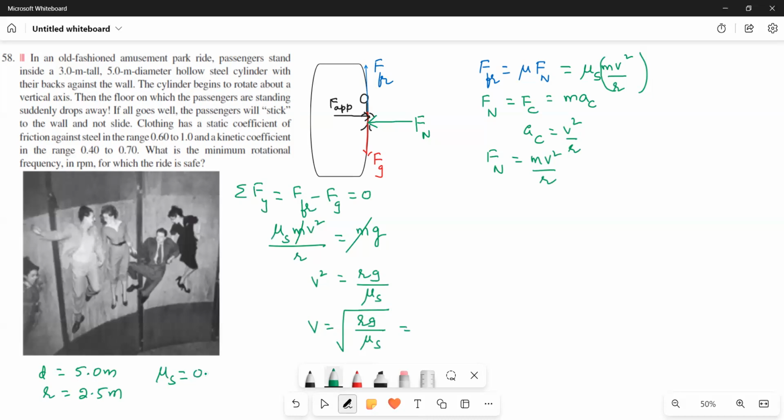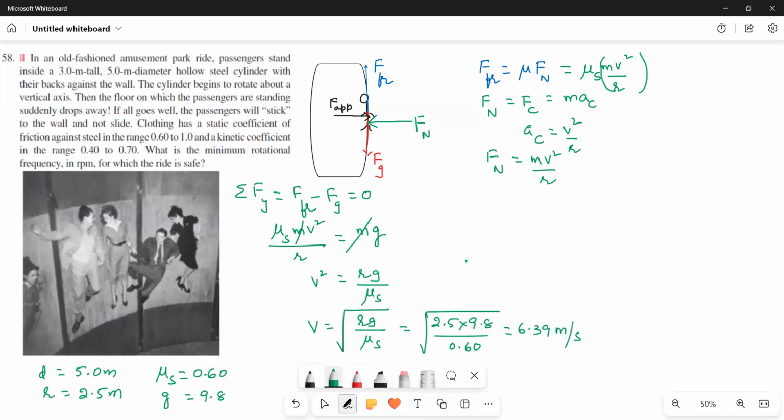I can take any value, but I will take the lower value. So v is the square root of 2.5 times 9.8 divided by 0.6, which gives v equal to 6.39 meters per second.